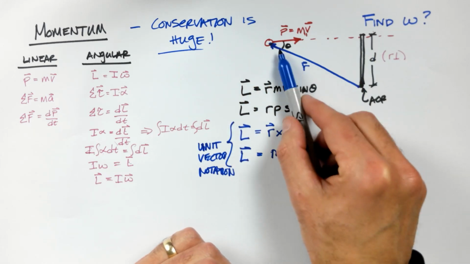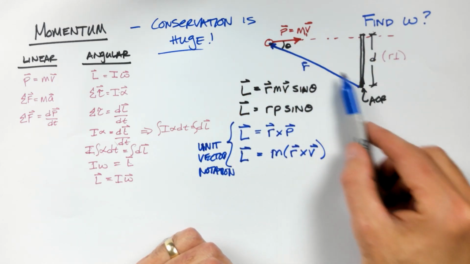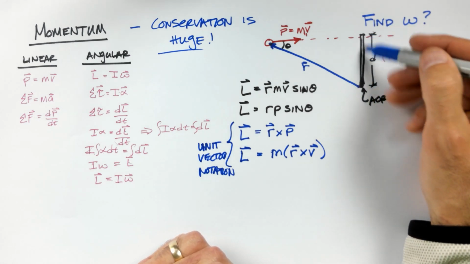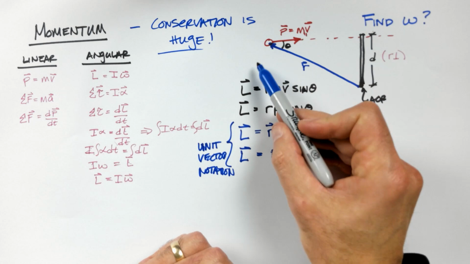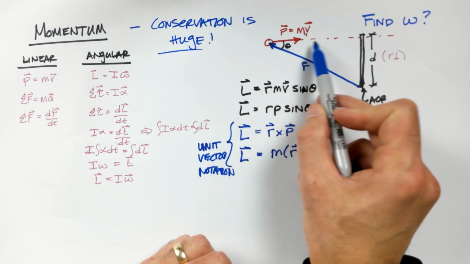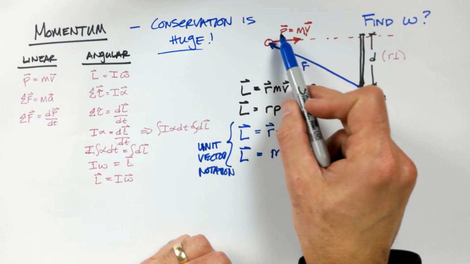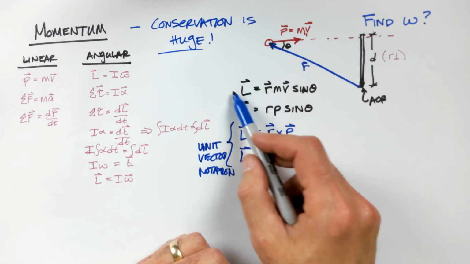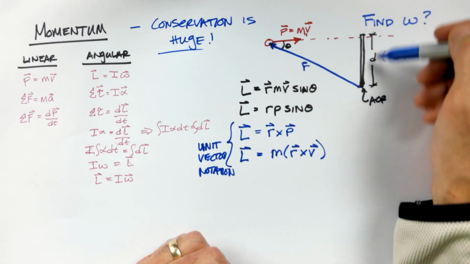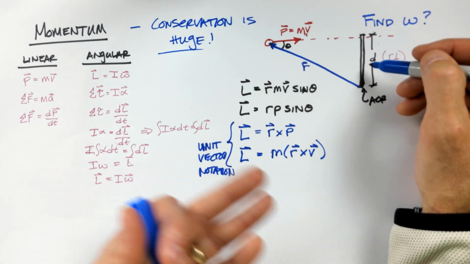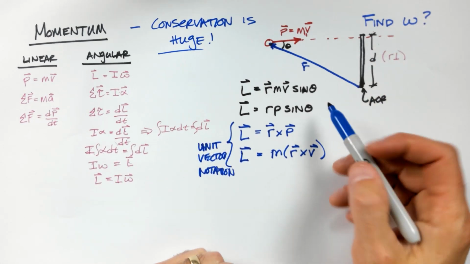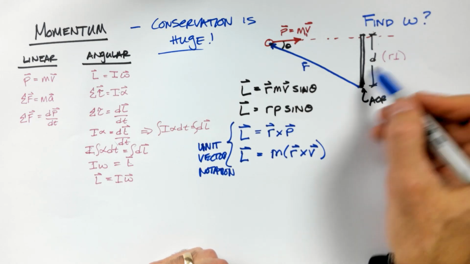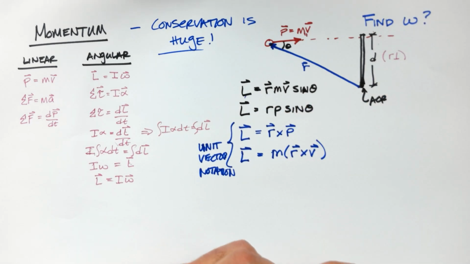This does have angular momentum as it relates to this point, which, by the way, even if this rod wasn't here, this lump of clay moving in this linear direction with a momentum vector as shown would have angular momentum with respect to this based on this distance d, whether or not this rod is here or not. Okay, it's going to continue on, and this is the perpendicular distance that takes care of this.